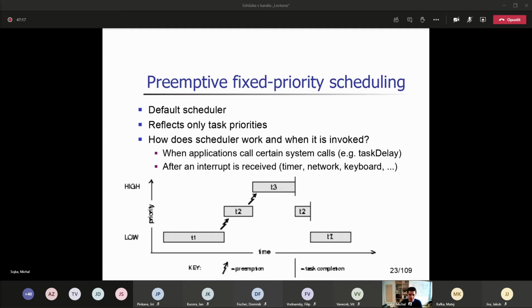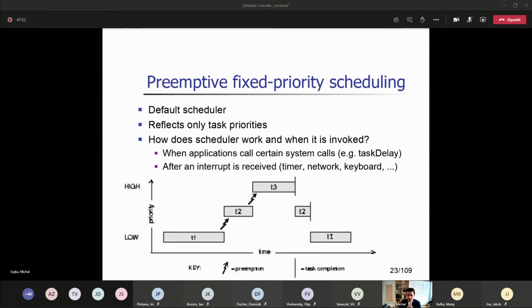Of course, if your task invokes certain system calls like task delay, it means you are telling the operating system kernel, I don't want to run now, I want to be delayed. So the operating system has to figure out who else should be run. Inside this task delay function somewhere, it has to call the scheduler, and the scheduler then selects another task which is to be run.